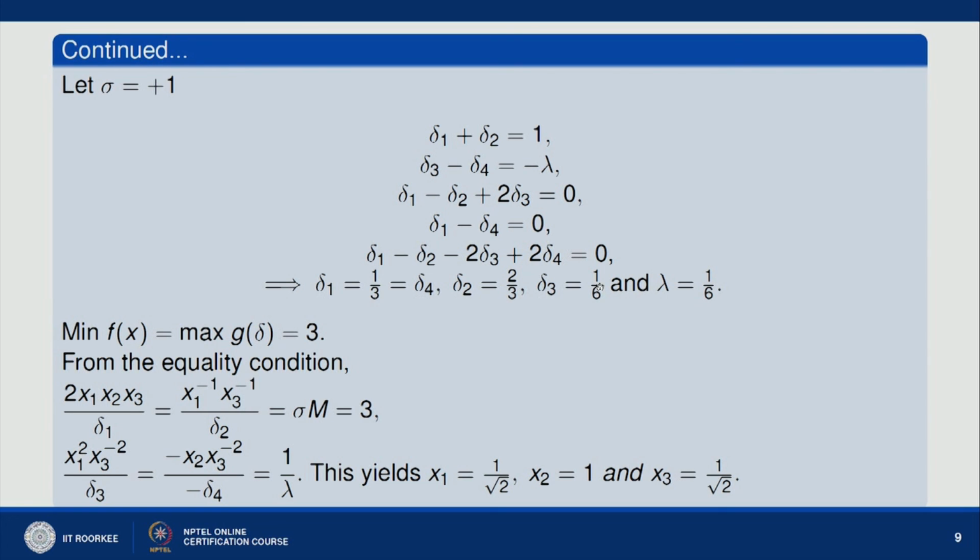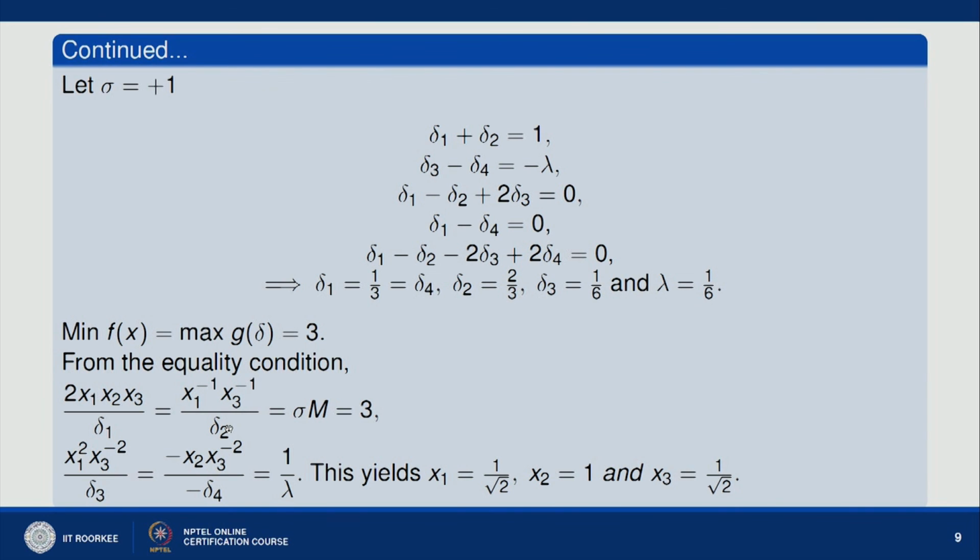Now, if you see the equality condition, that is u1 upon delta 1 is equal to u2 upon delta 2, that must be equal to the sum of numerator and the sum of denominator. The sum of numerator is the minimum value of f, we are calling it capital M, which is 3 here, and sum of delta 1 plus delta 2 is rho.